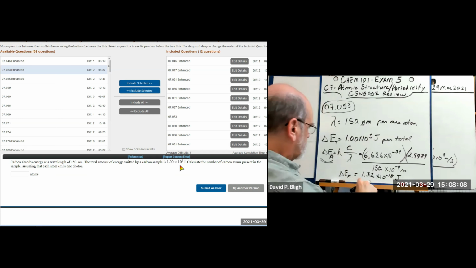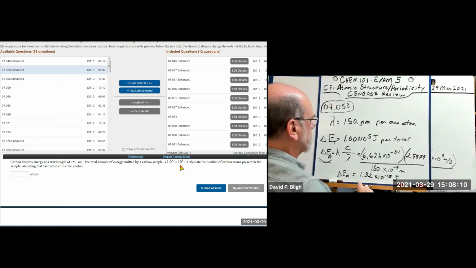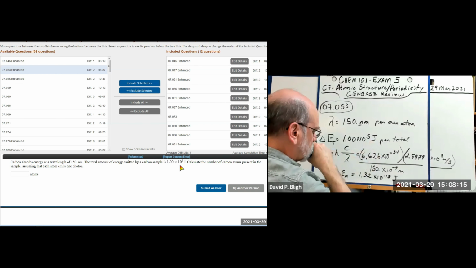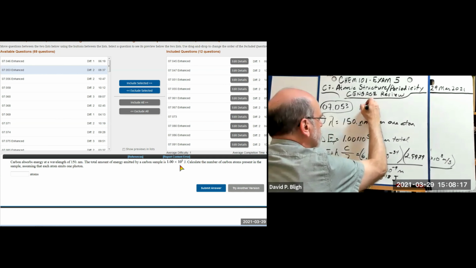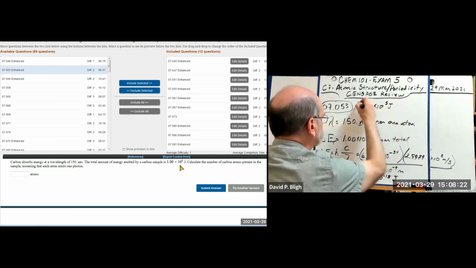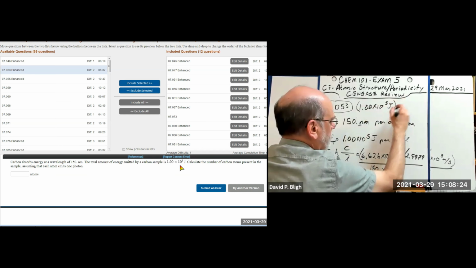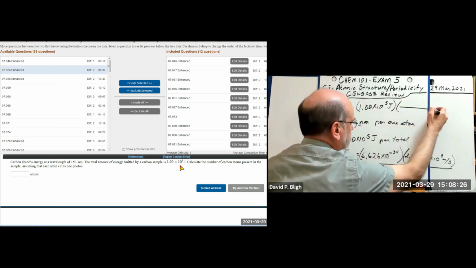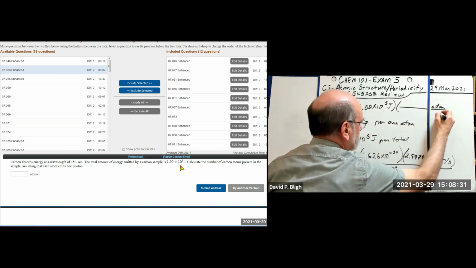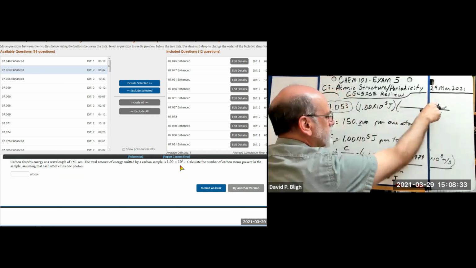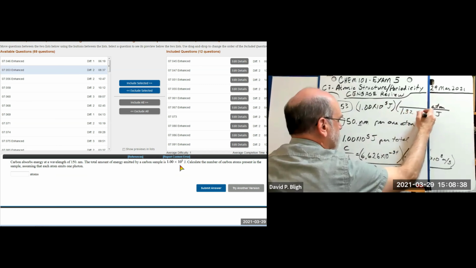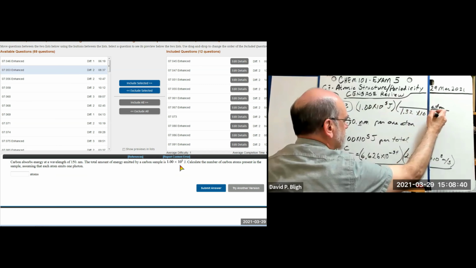then, let's see, how am I going to do this so it's reasonable? If this is our starting point, 1.00 times 10 to the 5th joules. And this is per atom. Right? Cancel joules, leaves us with atoms. 1.32 times 10 to the minus 18.